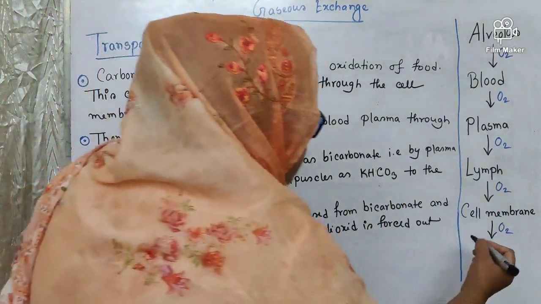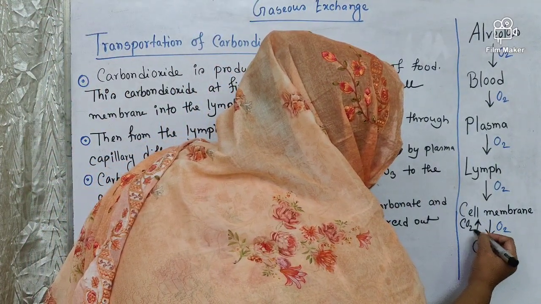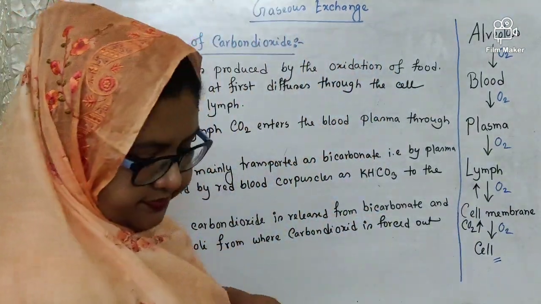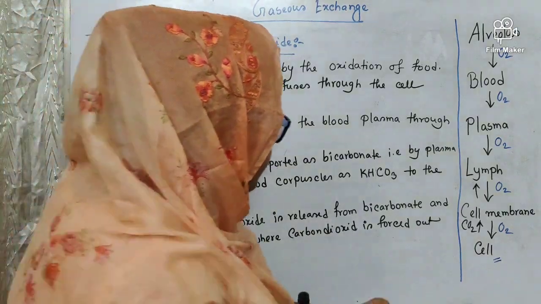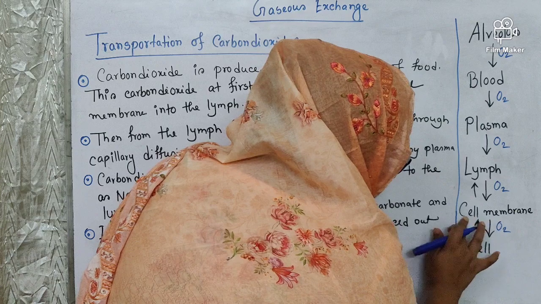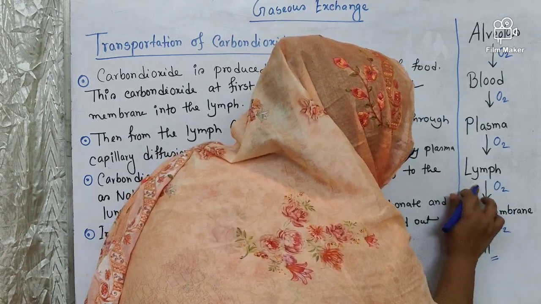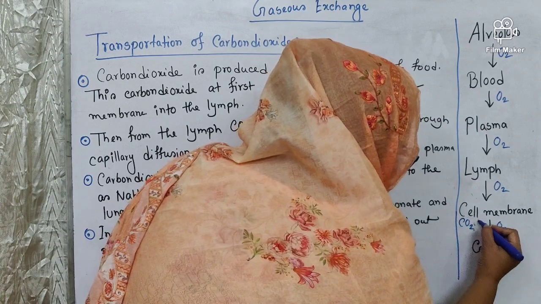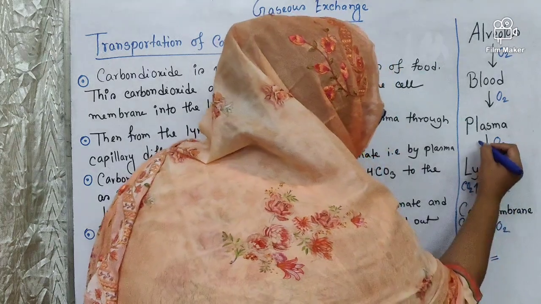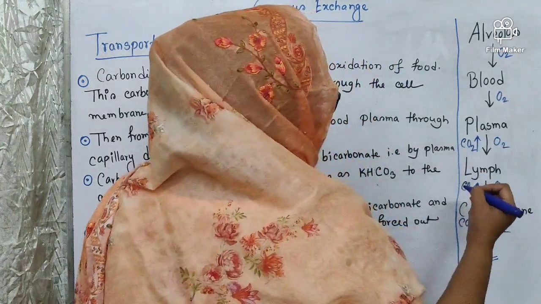How does it occur? Now the direction will be just opposite. So it will be carbon dioxide, from the lymph it will go to plasma.